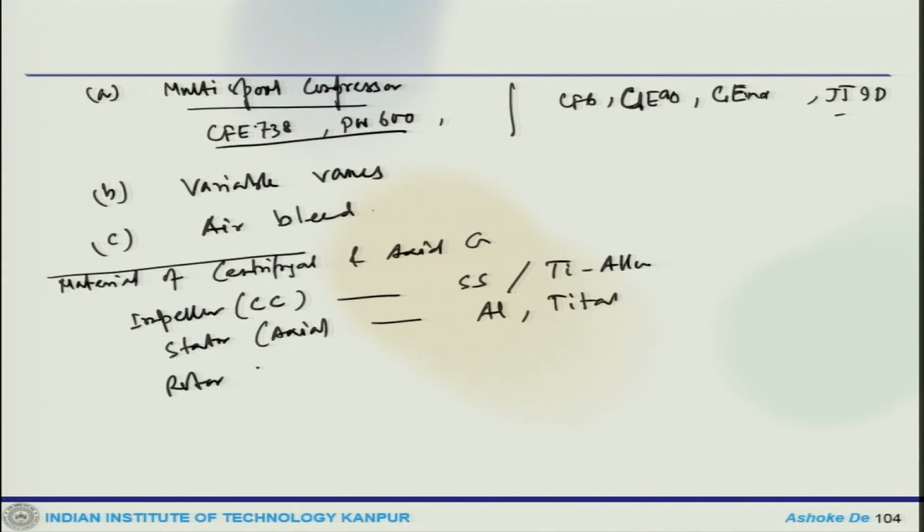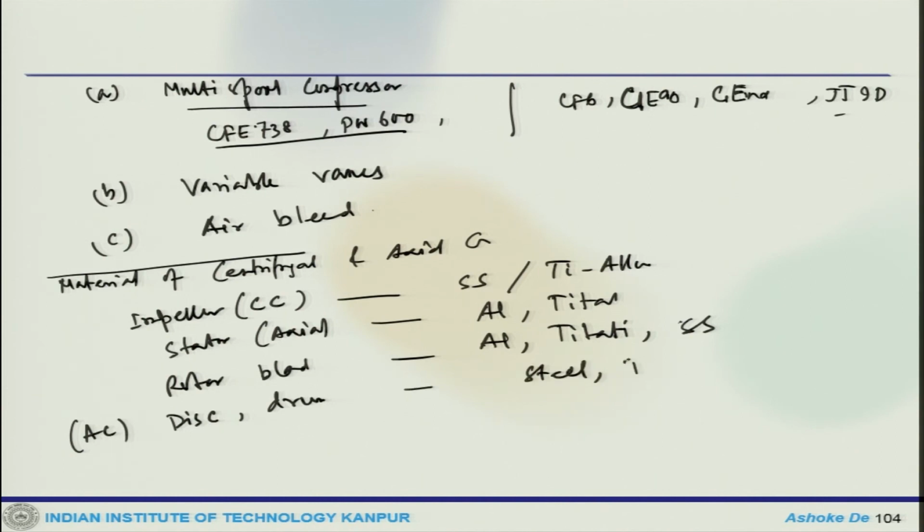Then you have rotor blades, which could also be aluminum, titanium, stainless steel and some others. Then you have disc and drum, which are also for the axial compressor. These could be steel, titanium, stainless steel and so on. And then you have the mechanical parts like shafts and hub, which could be steel or other materials.